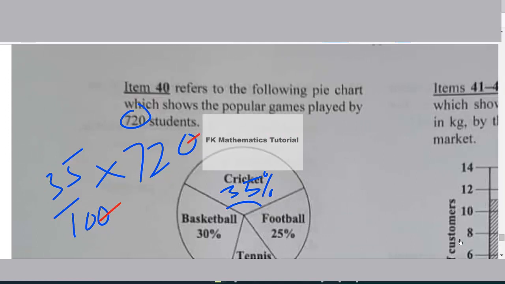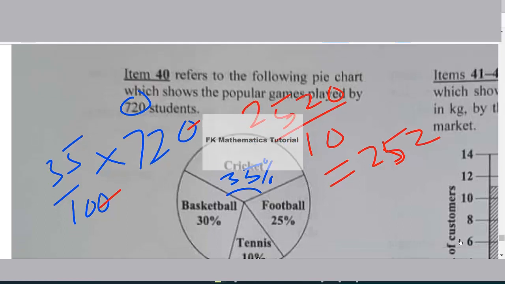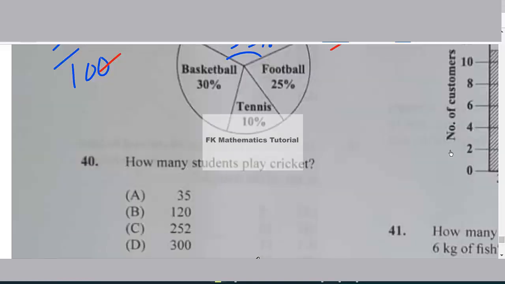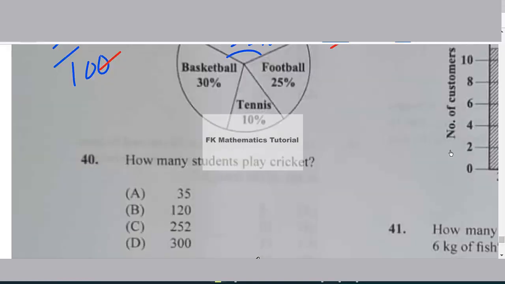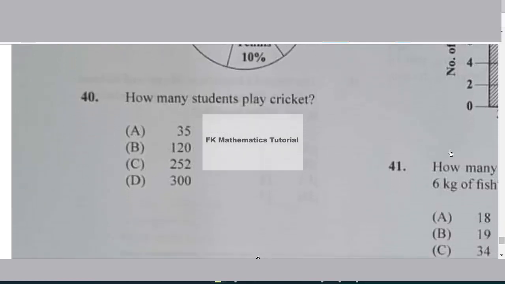Now we have 35 times 720, and that will be equal to 2520. Now divided by 10, so that will be equal to 252. So the correct answer is option C.